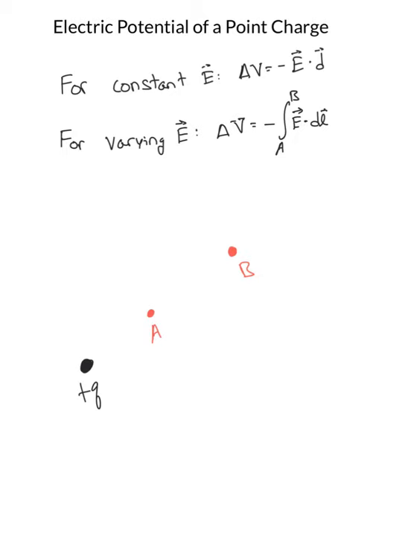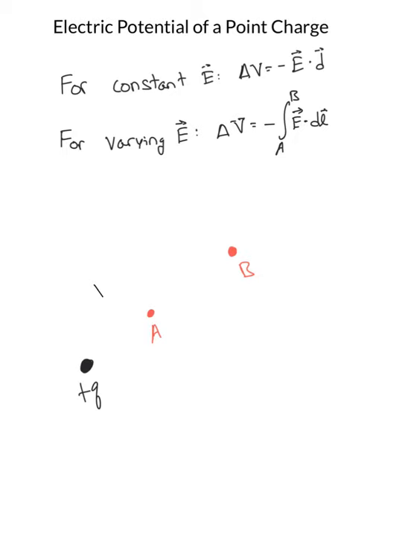To motivate why this is true and why we need this equation, let's consider moving between points A and B in the electric field of some positive point charge plus Q. The electric field at points A and B is different.